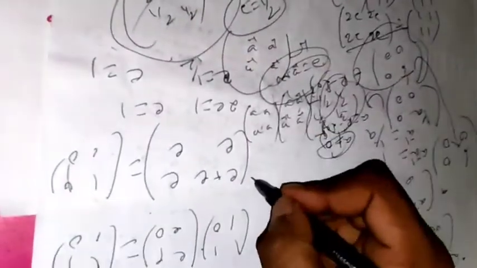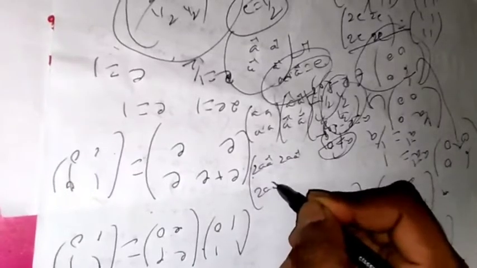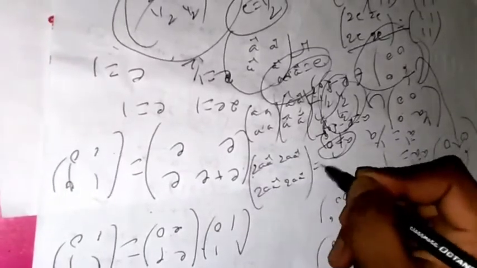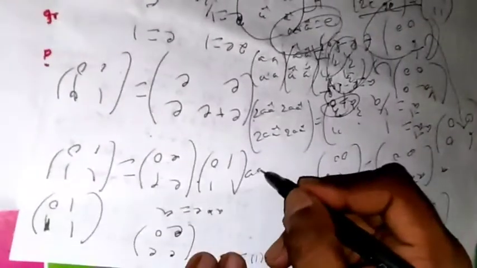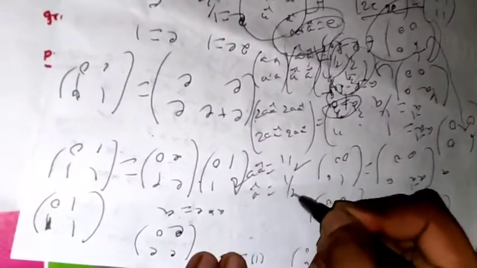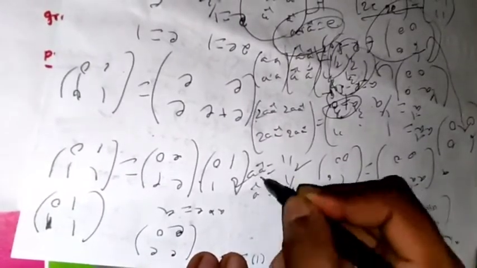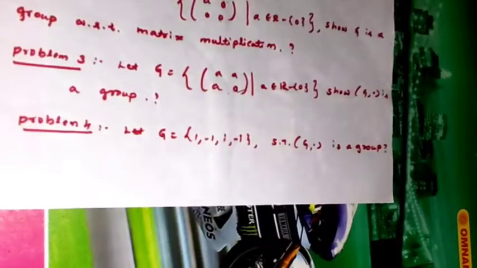We multiply and we get 2A A inverse is equal to 1 by 2, and A inverse is equal to 1 by 4A. That means the inverse element is 1 by 4A for this type of group G. I hope you understand this type of group.